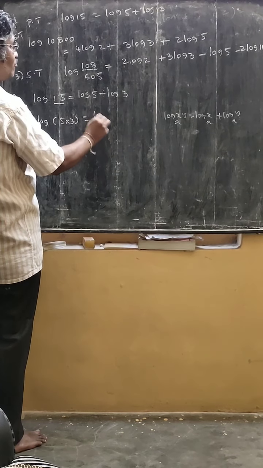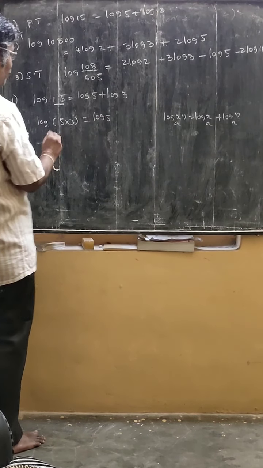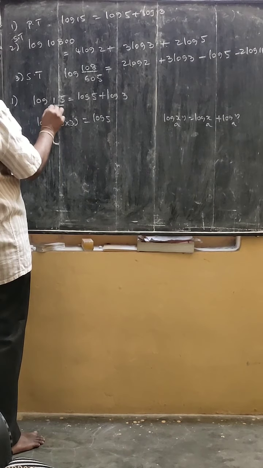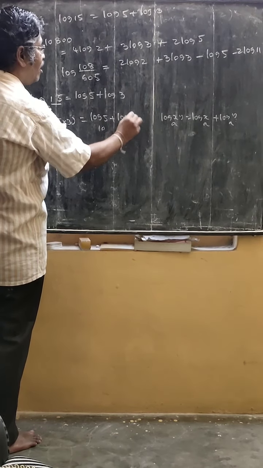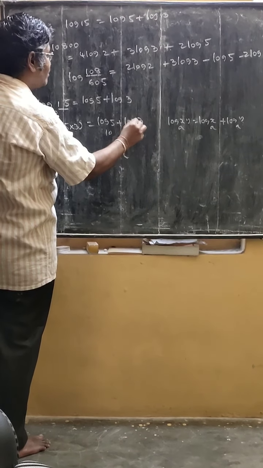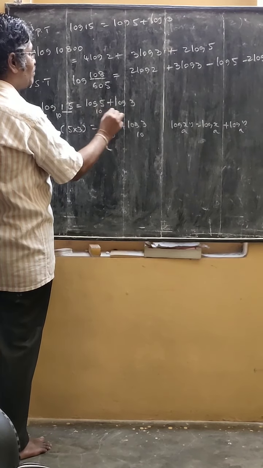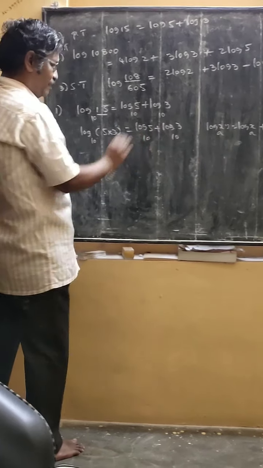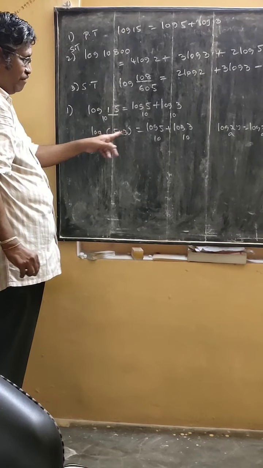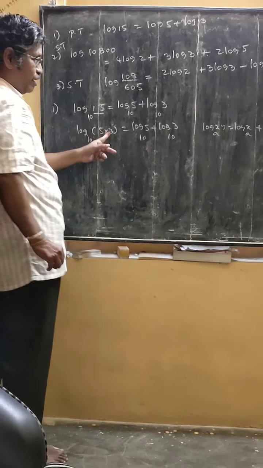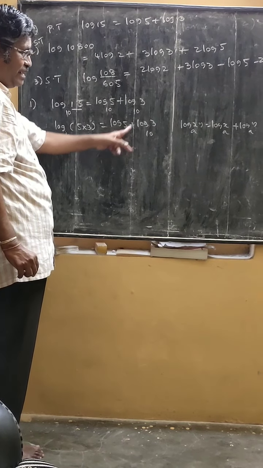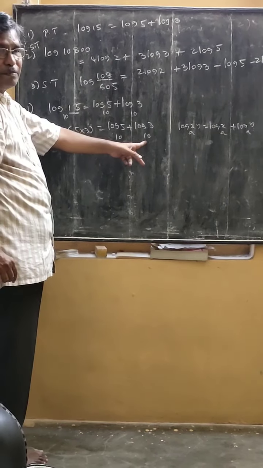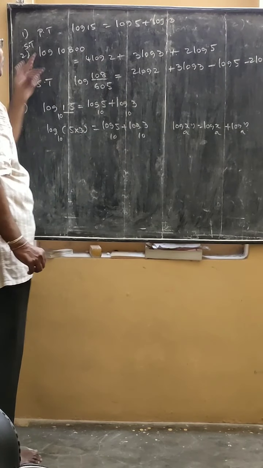According to this, log 5 to the base 10 plus log 3 to the base 10. Generally there is no need to write base 10. So log 5 into 3 is log 5 plus log 3. It is a simple problem.